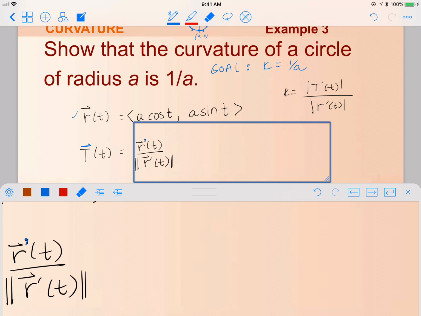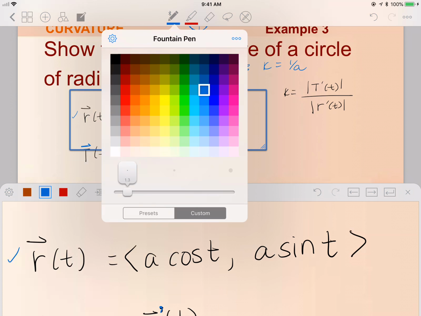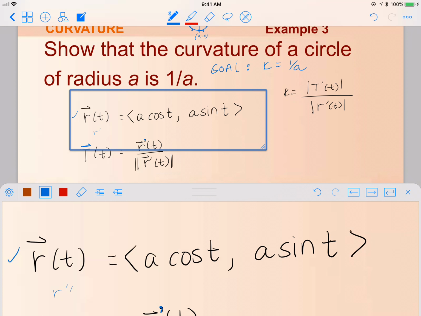So in order to do this, if this is our r of t, let's compute the r prime of t. Remember, you're just going to take the derivative in each component. So that'll be minus a sine t for my first component. And the derivative of sine t is going to be cosine of t, because remember, a is just a constant.